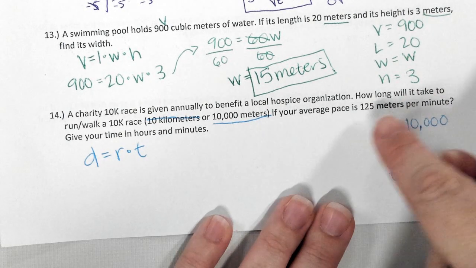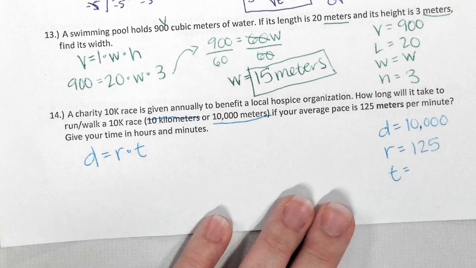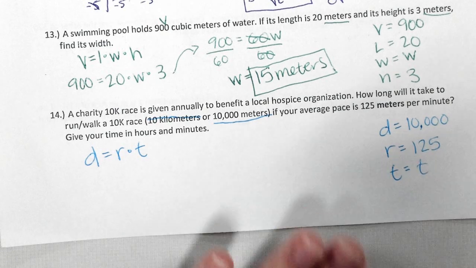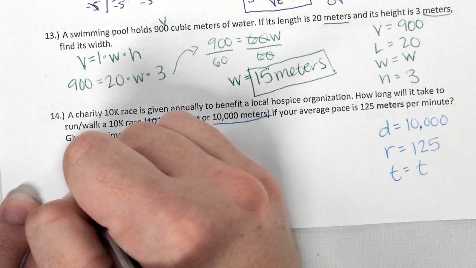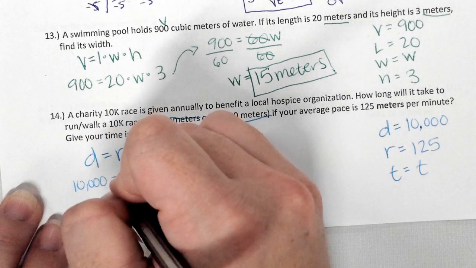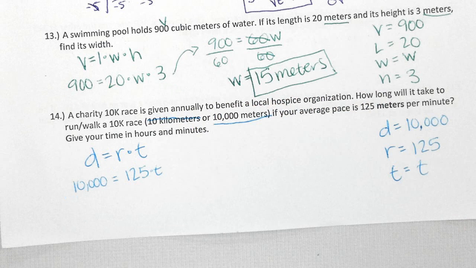I know my pace, which is the same thing as my rate, is 125 meters, and I do not know time. So I'm going to divide both sides by 125.